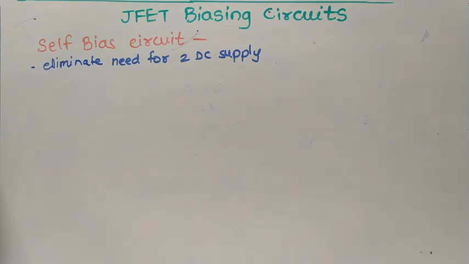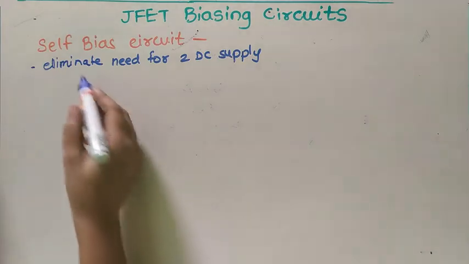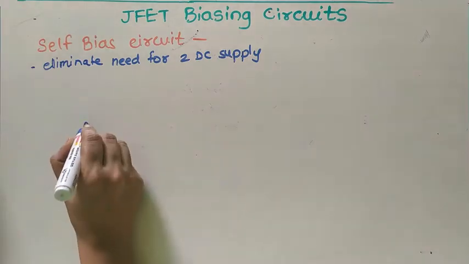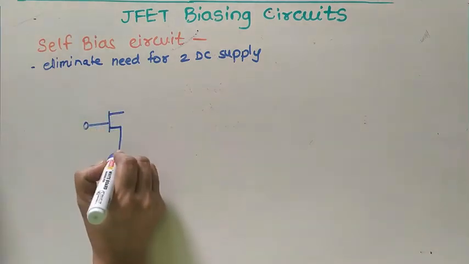The controlling gate to source voltage is now determined by the voltage across a resistor RS, which is introduced in the source leg of the configuration.